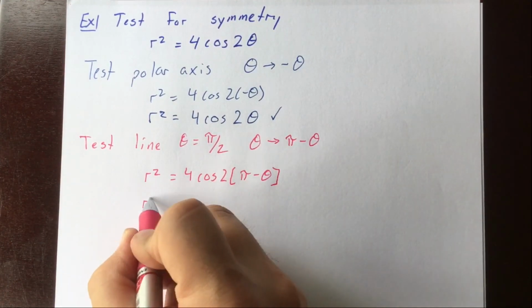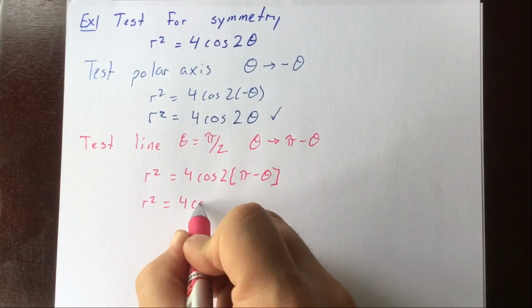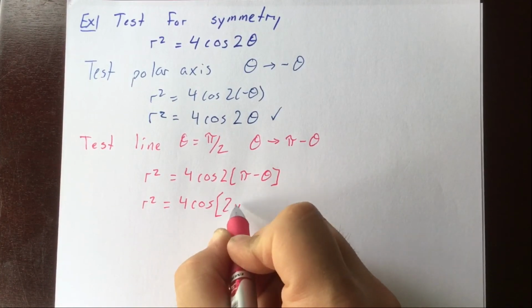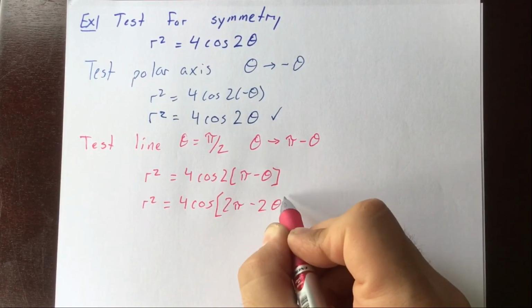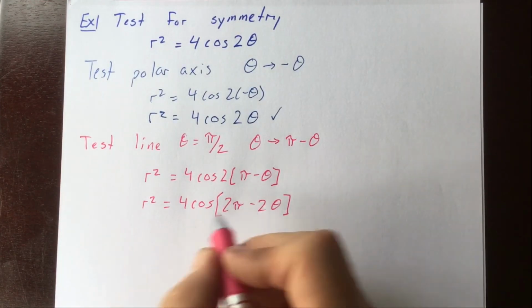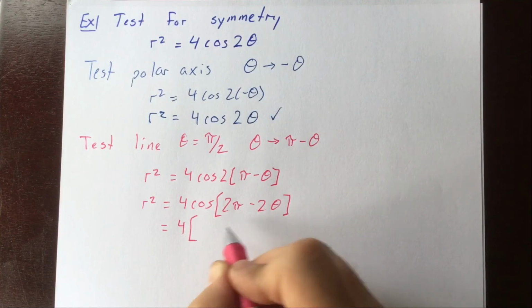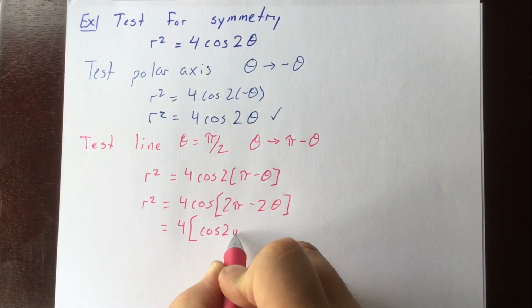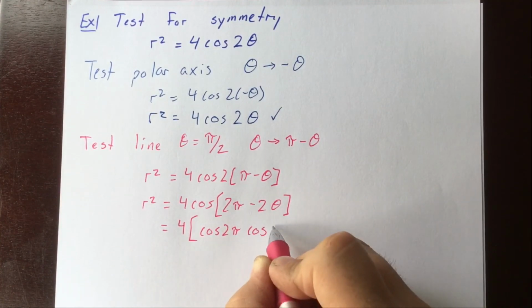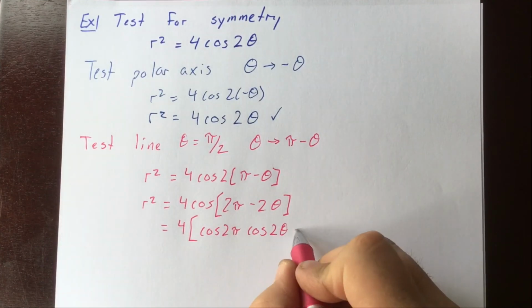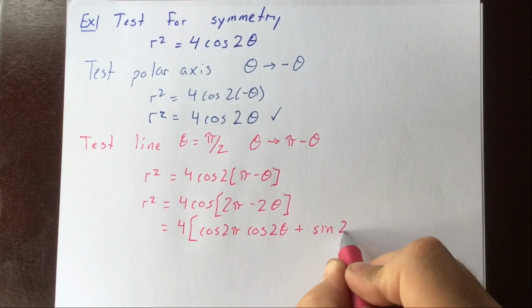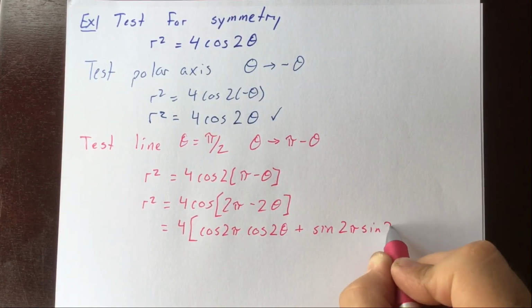Okay, so that's going to be equivalent to 4 cosine of 2 pi minus 2 theta. Okay, difference identity, that would be 4 cosine, cosine, sine, sine. So cosine 2 pi cosine 2 theta plus sine of 2 pi sine of 2 theta.